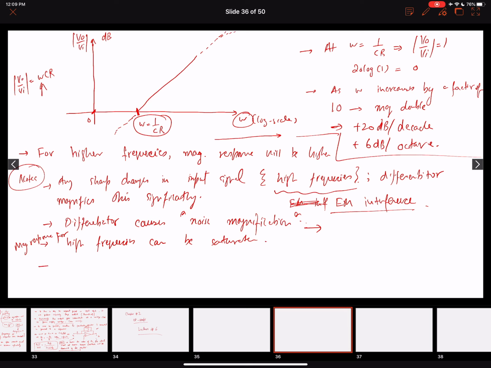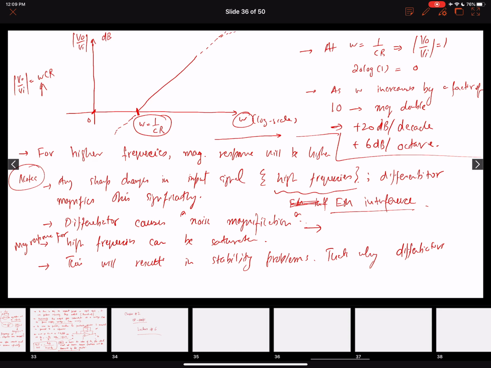So this will result in stability problems. That's why this differentiator is usually avoided.